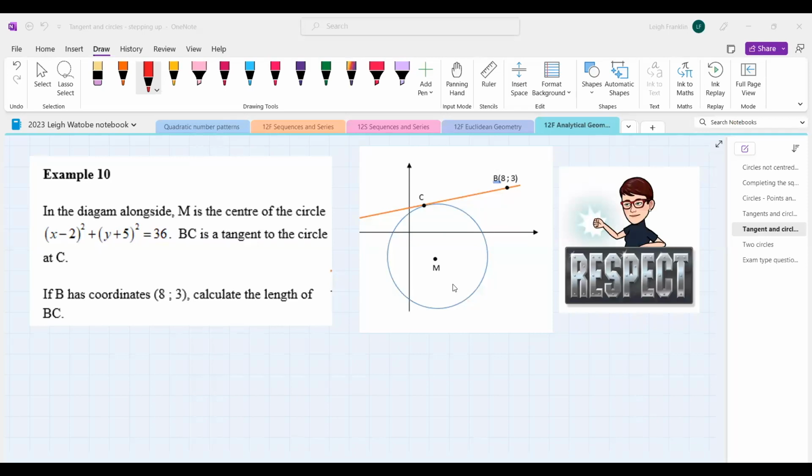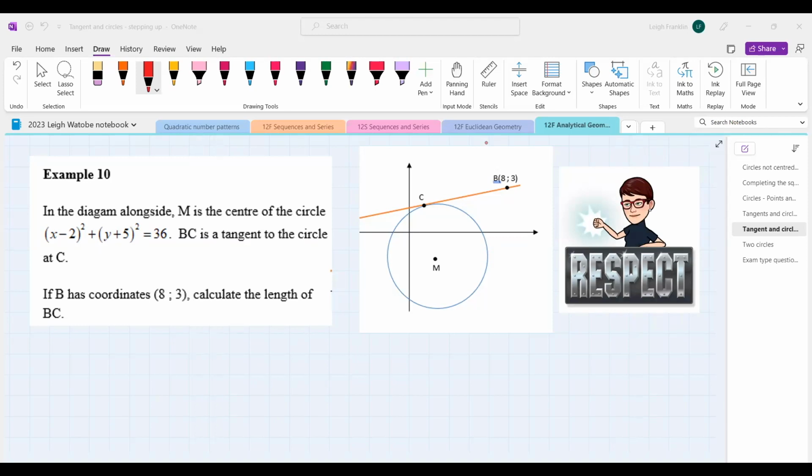They want us to calculate the length of BC. Now, most of the time when we see the words calculate the length of, we think about distance formula. But I'm going to tell you now at the beginning, distance formula is not going to help us calculate the length of BC. There's something else going on in this picture.